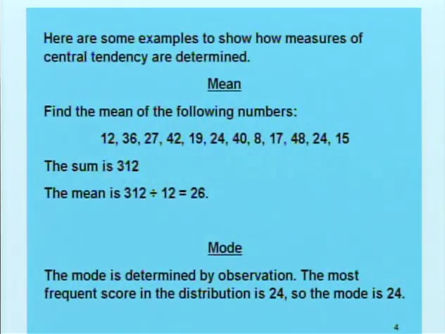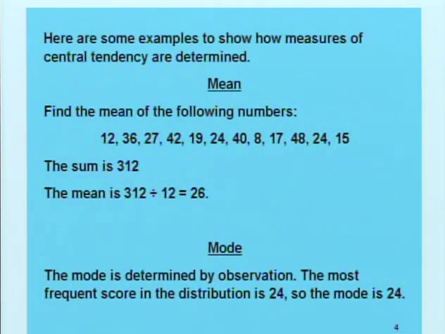Here are some examples to show how measures of central tendency are determined. First, the mean. Find the mean of the following numbers: 12, 36, 27, 42, 9, 24, 40, 8, 17, 48, 24, 15. 12 numbers.